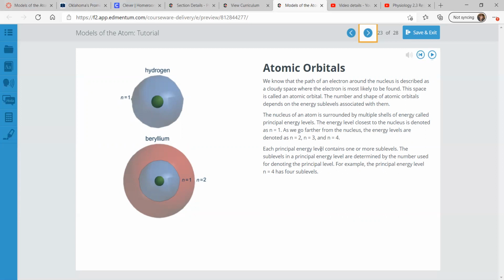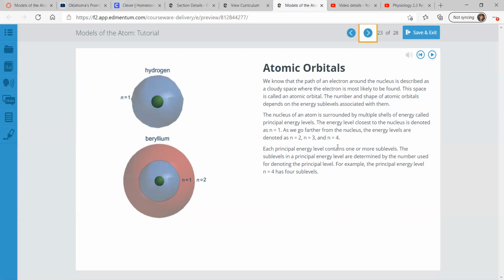The nucleus of an atom is surrounded by multiple shells of energy called principal energy levels. The energy level closest to the nucleus is denoted as n equals 1, and as we go farther from the nucleus, the energy levels are denoted as n equals 2, n equals 3, and n equals 4.